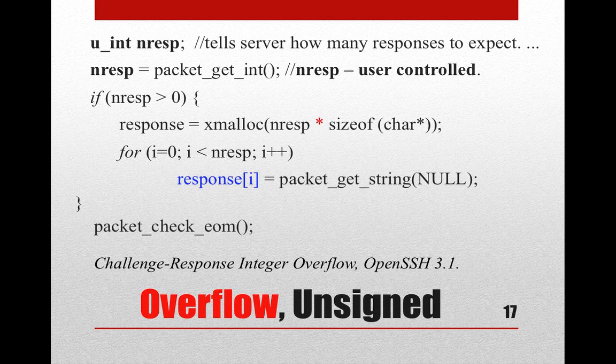Think about the last example we used, where you end up with a small number that, when you convert it, is equal to a larger number. This actually came from OpenSSH. You've probably heard a lot about SSL and OpenSSL most recently.